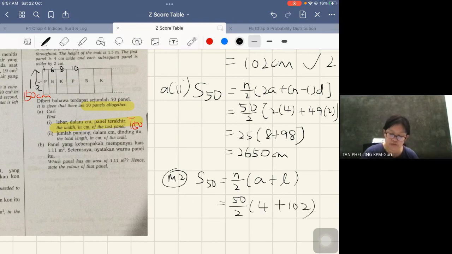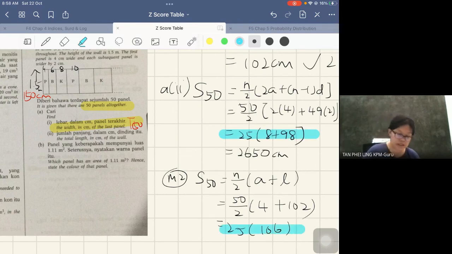You still come to this one, same expression, 106, sorry. So what I want you to see is that with the same method, you will produce the same expression, and you will get the same answer. It's just whether you can see it. It's actually not wrong. Method 1 or method 2 also okay, both. Okay, this is method 1. All right, good.